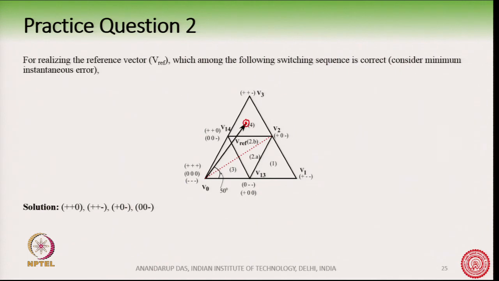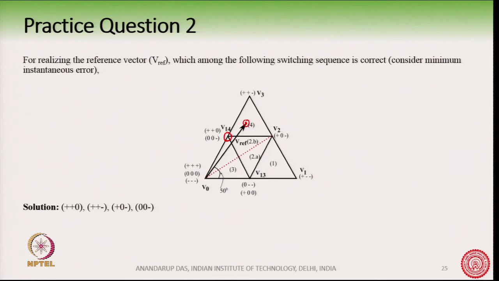If the reference vector is here, this dotted line separates the two regions, and that determines the pivot vector. Since the reference vector is at this position, the pivot vector is this one.